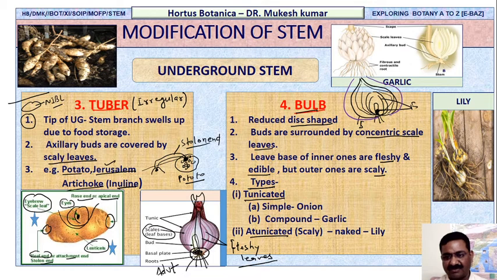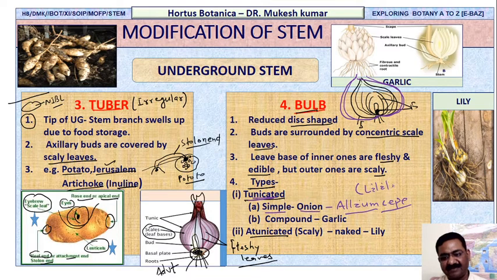This is the outermost covering which protects all the structure inside. That's why it is called a simple tunicated bulb, as found in the onion. You all know onion, Allium cepa, and this is a member of the very important Liliaceae family.